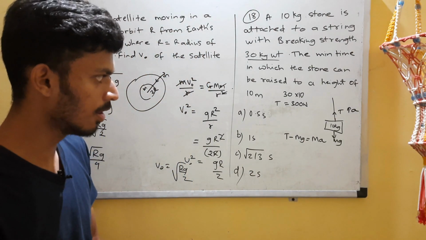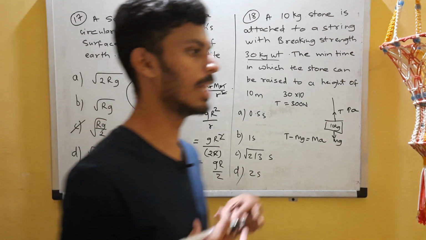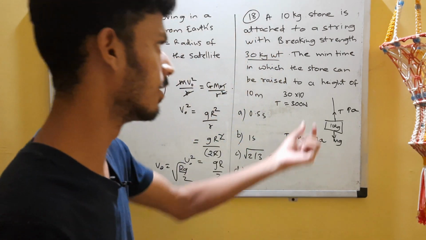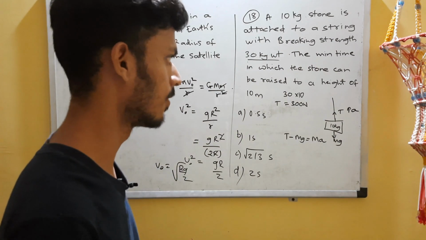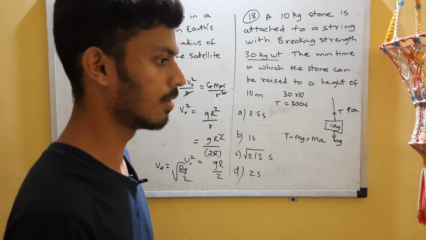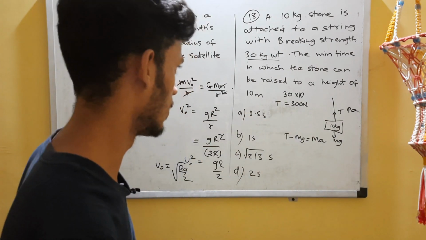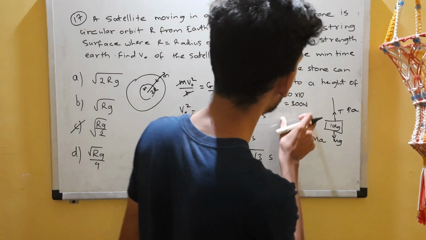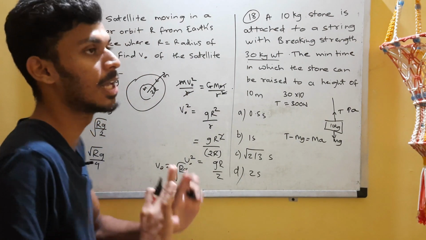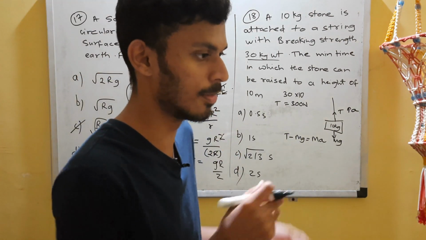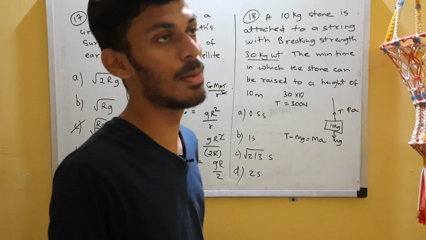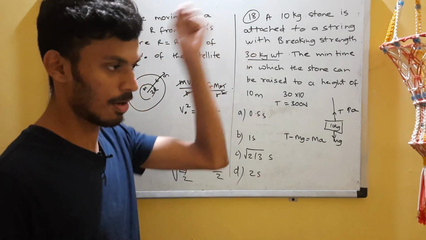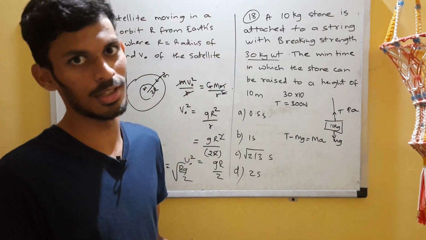Now we don't want to give an acceleration which will break the string. We have to give a certain limit to the acceleration, and that limit we can find by equating the tension to 300. That is the maximum tension that we can apply, which means that we'll find the maximum acceleration that we can apply. If we pull it up with a greater acceleration, the string will break.